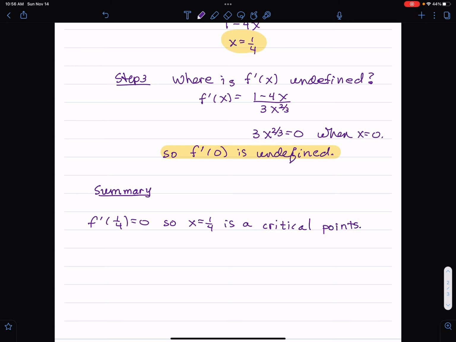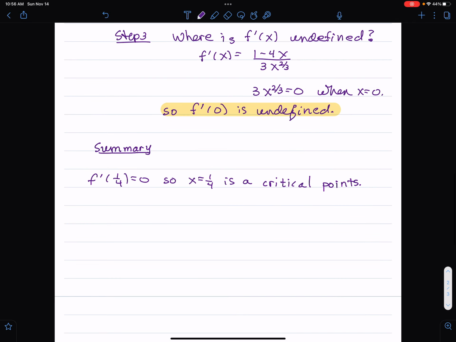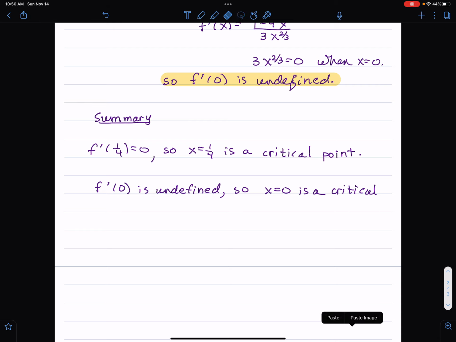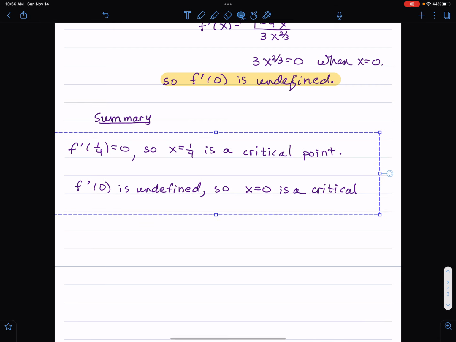When the domain is R, or maybe an interval in R, we sometimes say critical number and sometimes we say critical point. f prime of 0 is undefined, so x equals 0 is a critical point. That's it.